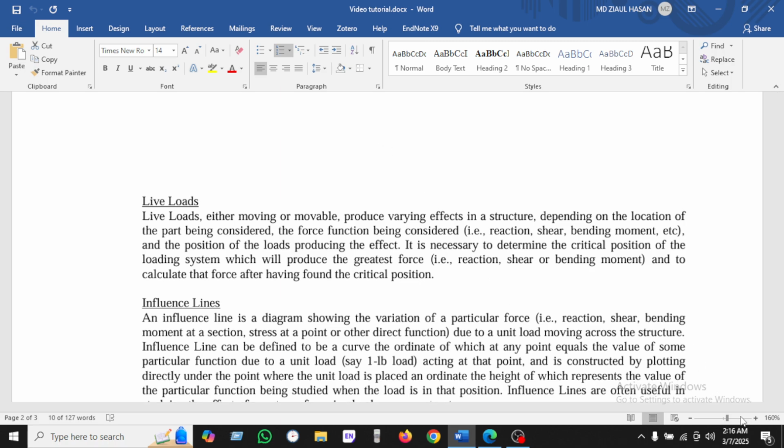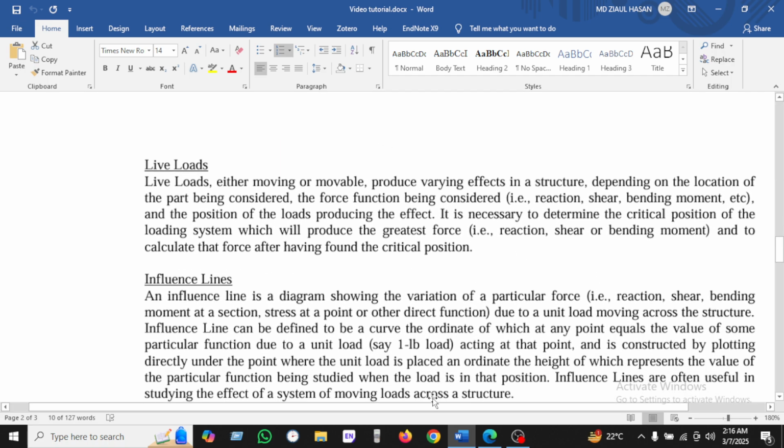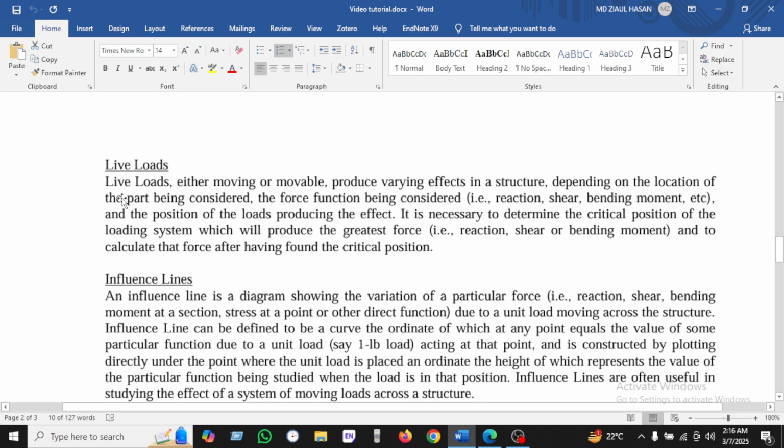Here is the definition. This quotation is taken from Professor Dr. Anam Sir, University of Asia Pacific, Dhaka, Bangladesh. Live load, either moving or movable, produces varying effects in a structure depending on the location of the part of the force function being considered, such as reaction.